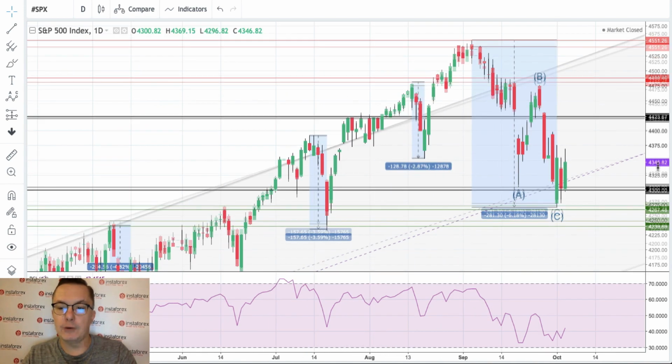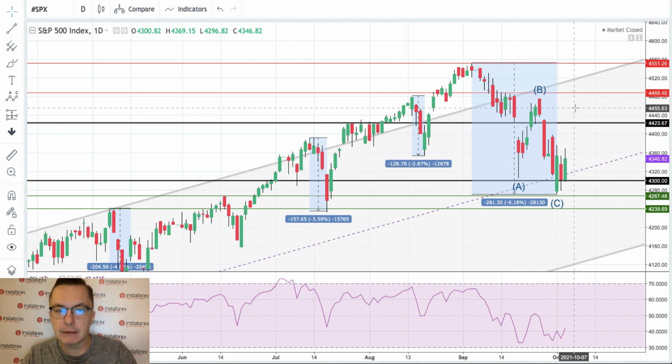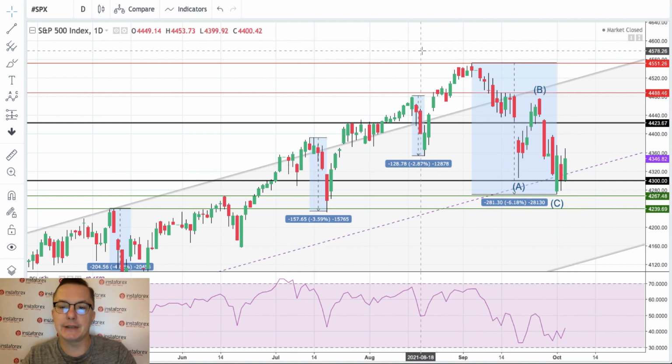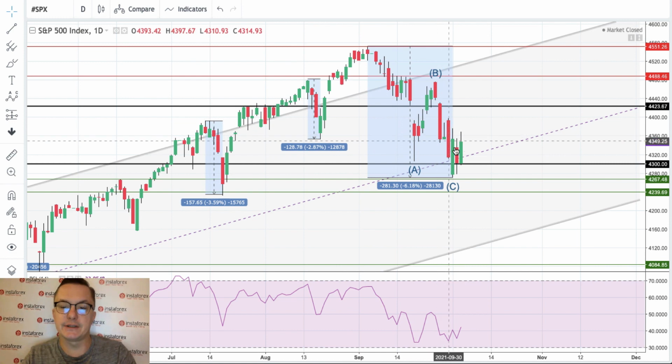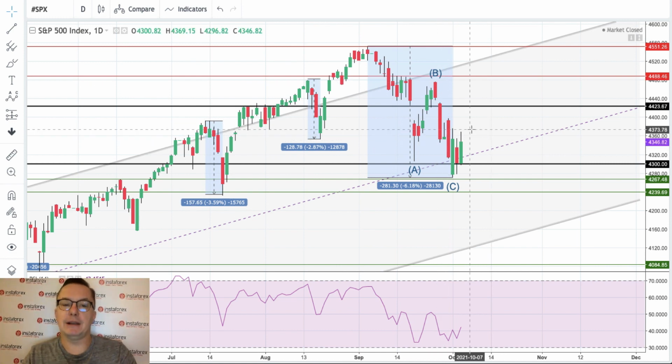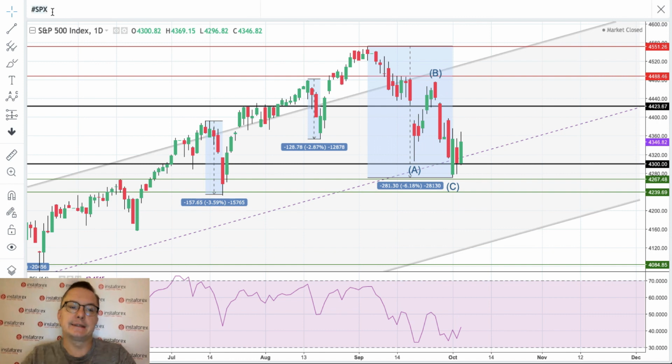So if we want to see a dynamic rebound to the upside on the S&P 500 soon, then we might assume that there will be much more downside to come in the nearest future. So that's the situation on the S&P 500.